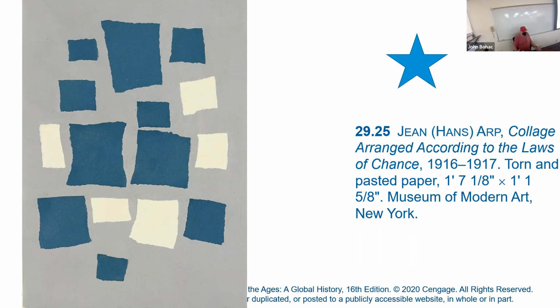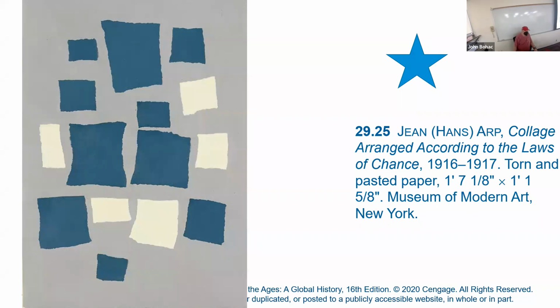And so around Cafe Voltaire, in the teens, in Switzerland, there are these artists that congregate. One of them is this guy, Jean Hans Arp. This looks kind of weird, doesn't it, that his name has this parenthesis in it.